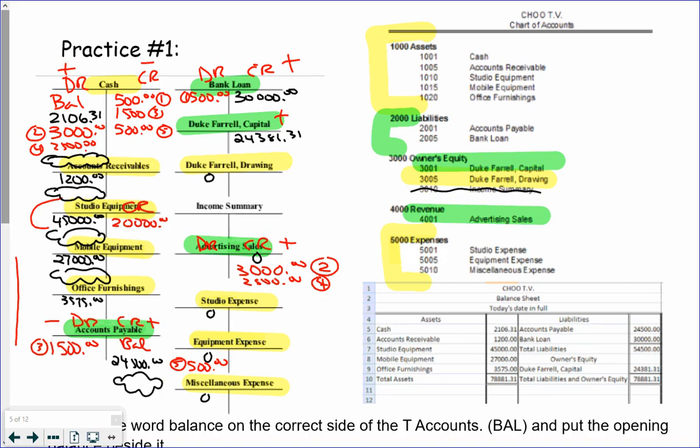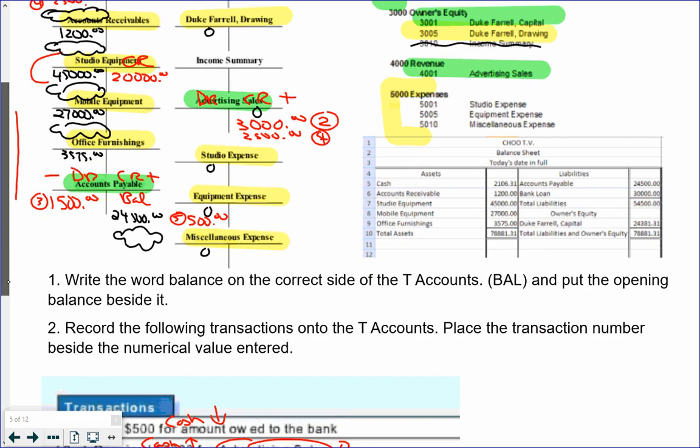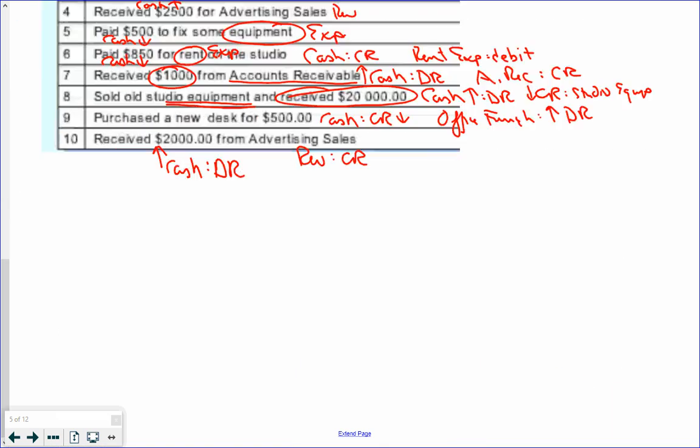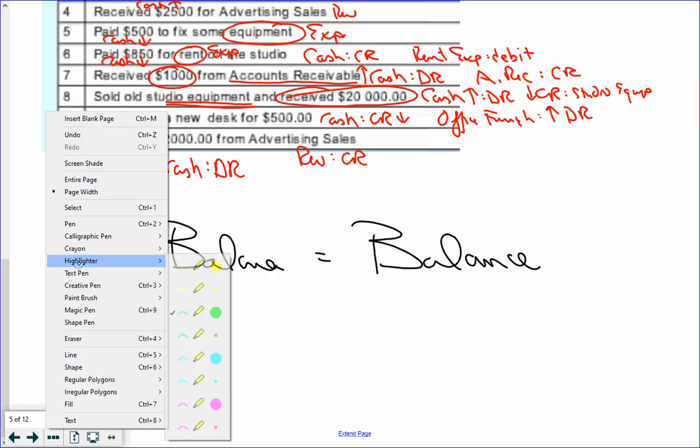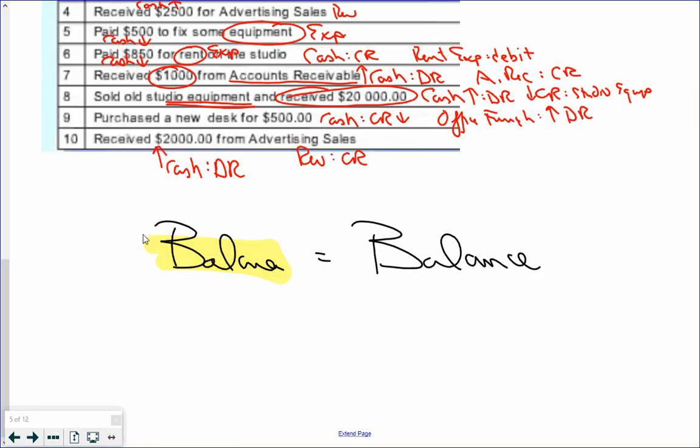And then you would make sure that all of your yellow account balances and all of your green account balances ended up being the same number, right? So what you would do at the end is that your yellow balance would have to equal your green balance.